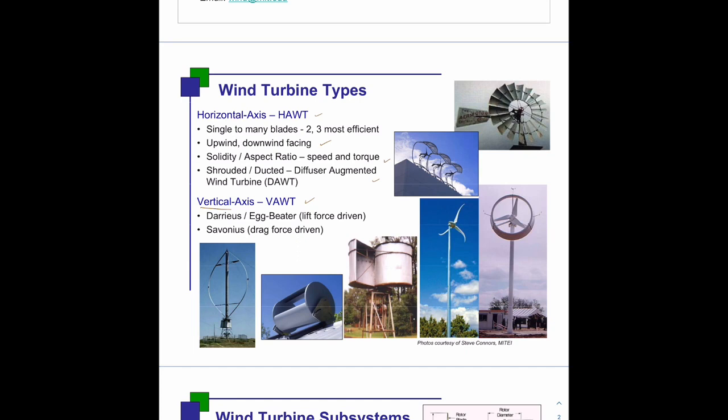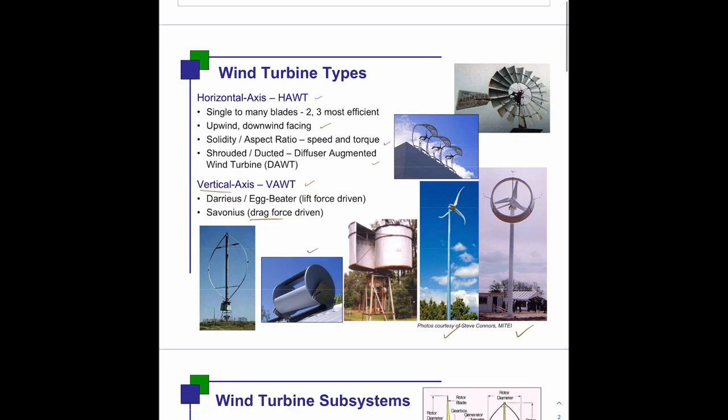So how it works is that when a blade has high pressure and low pressure, it allows the blades to rotate, and that's the clear example of lift force driven. For the drag force, simply it's just a blade that collects wind and just rotates. That's it. No pressure difference needed.